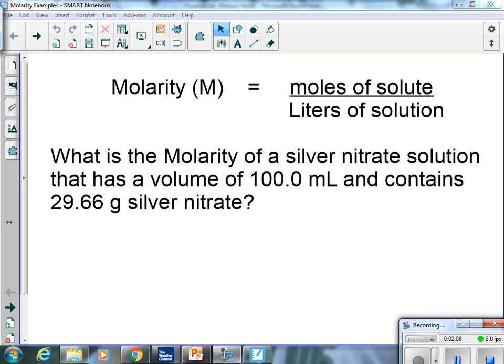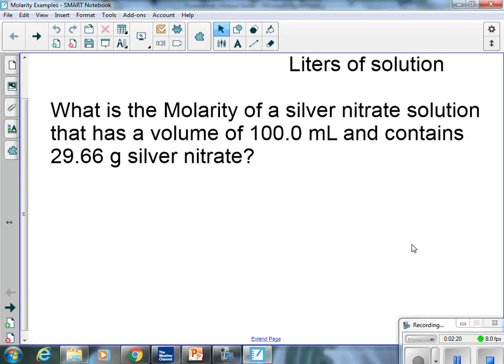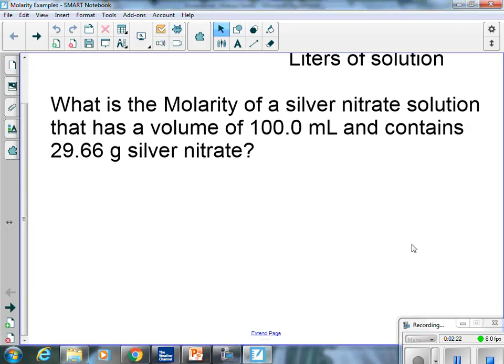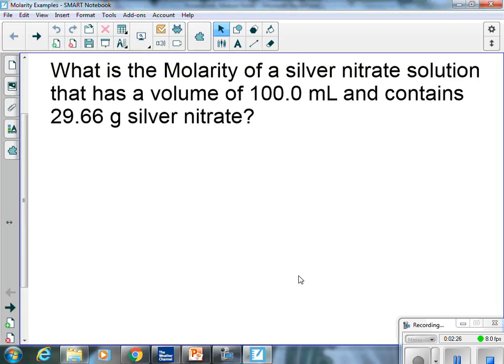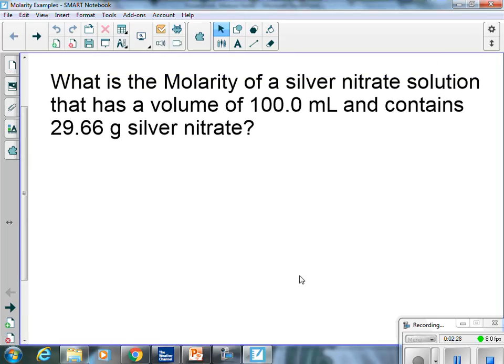My question states, what is the molarity of a silver nitrate solution that has a volume of 100 milliliters and contains 29.66 grams of silver nitrate? Well, I know with my molarity, I need moles per liter.